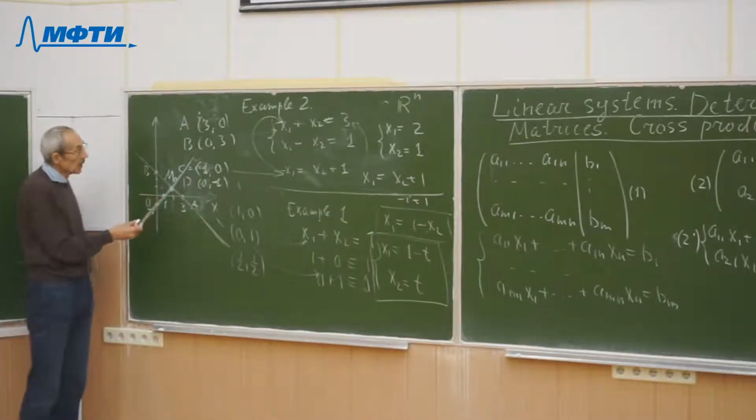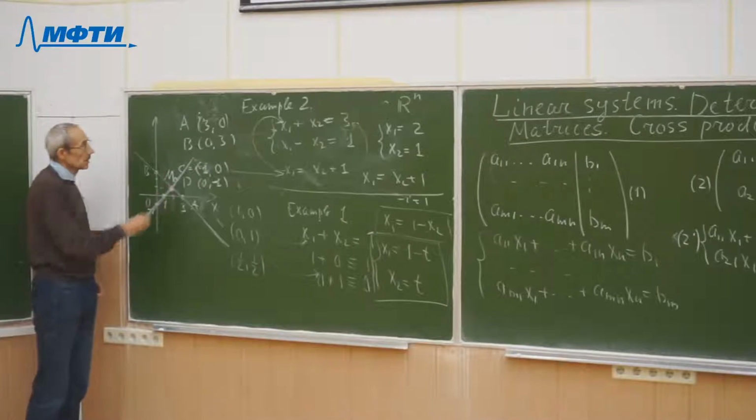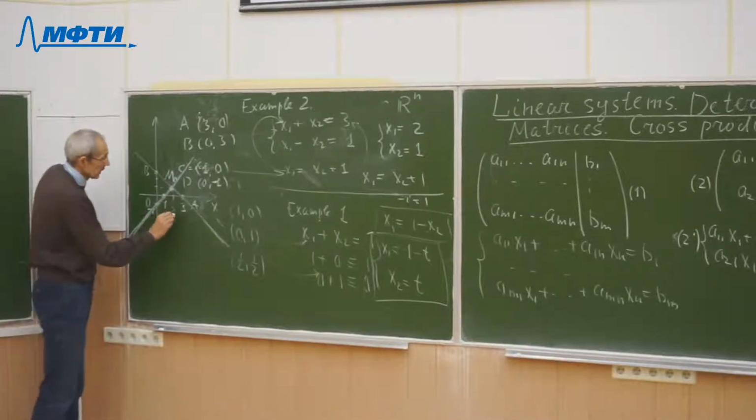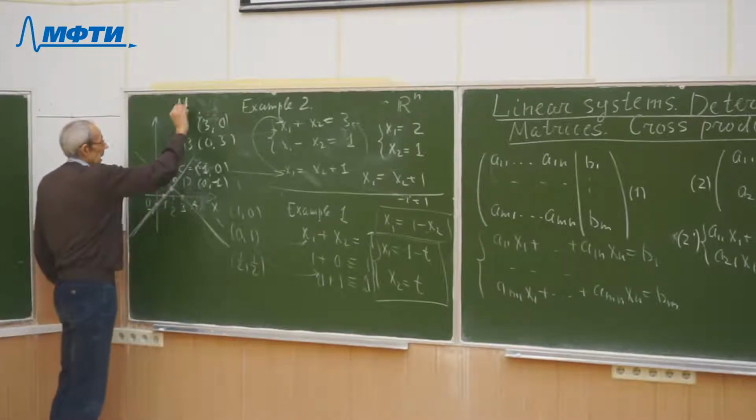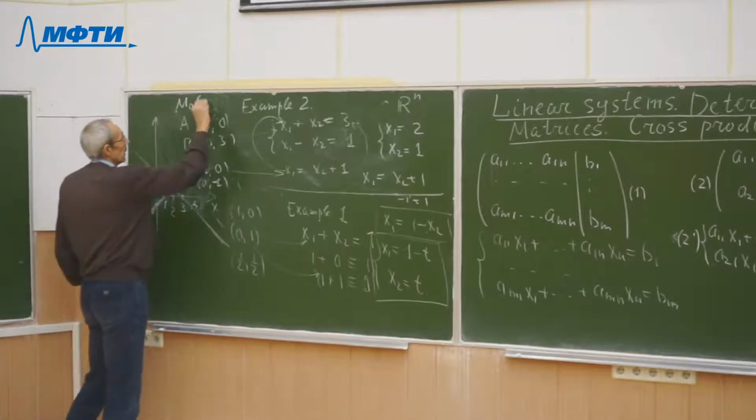This point of intersection of these straight lines is a solution of this linear system. It is easy to see that this point M0 has coordinates (2, 1).